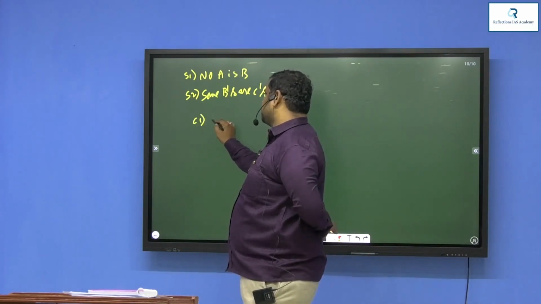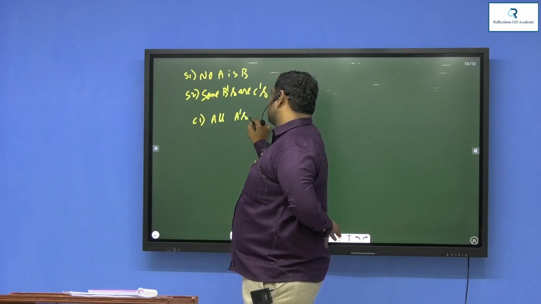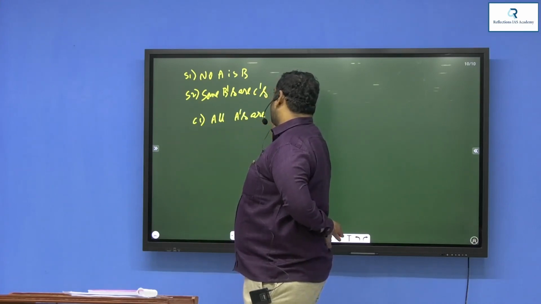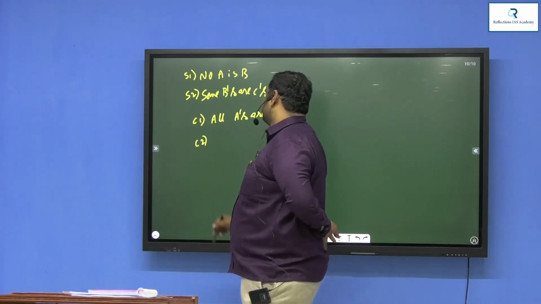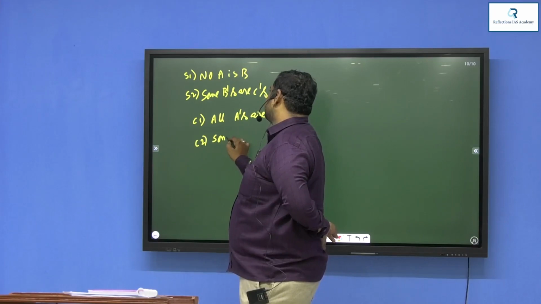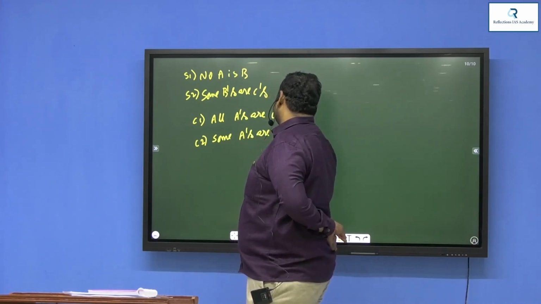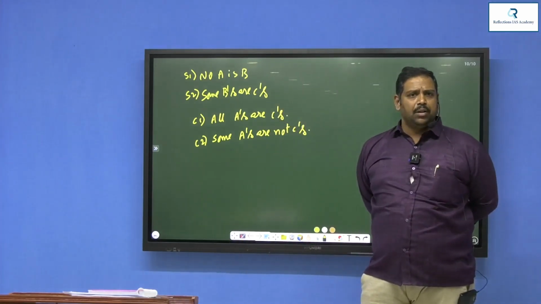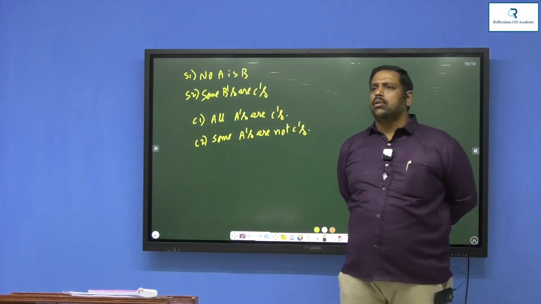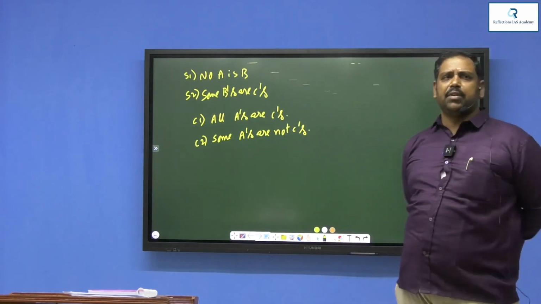Conclusion 1: All A's are C's. Conclusion 2: Some A's are not C's. Okay? You answer me. I have given 5 options now, A, B, C, D, E. Which is the correct one for this question?